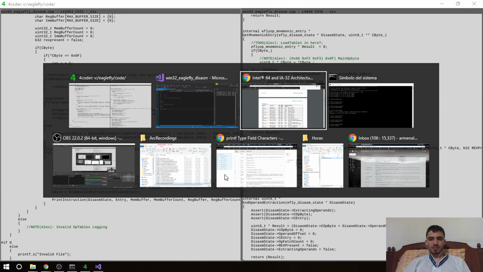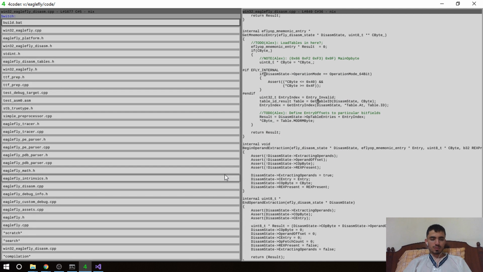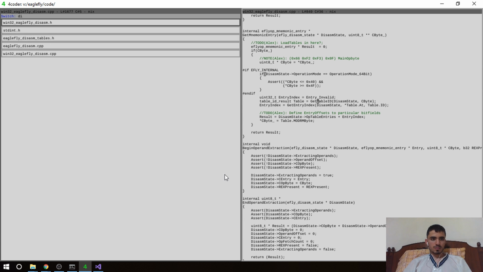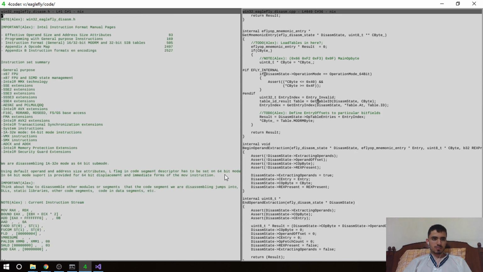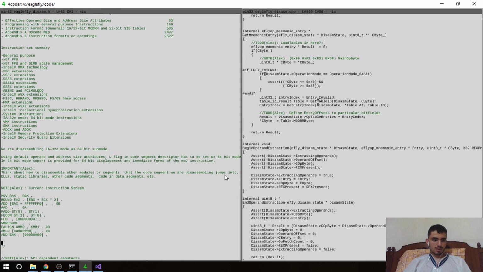Well, the only case scenario here is that since we're on 64-bit mode, we're gonna have: this instruction is only 64-bit. This instruction is only 32-bit.